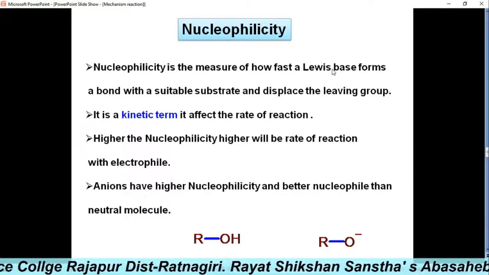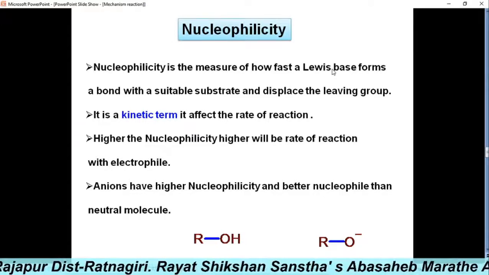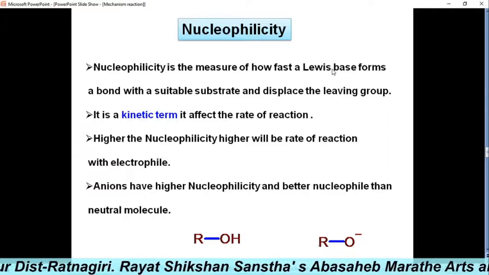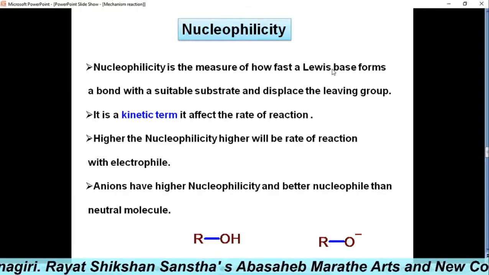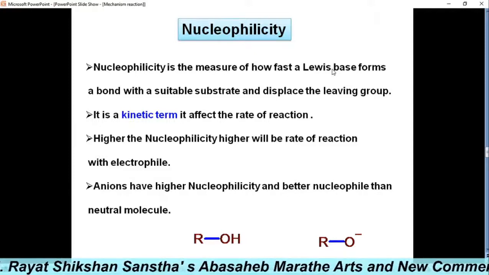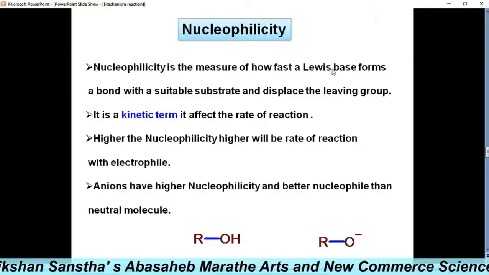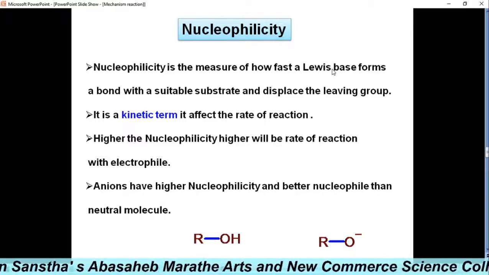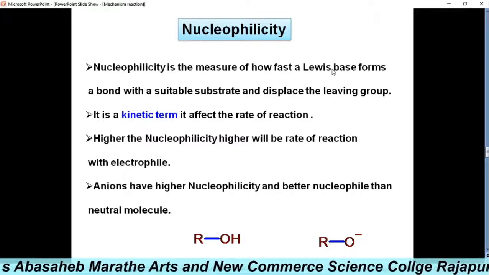Hence, I define nucleophilicity as the measure of how fast a Lewis base forms a bond with a suitable substrate and displaces the leaving group.